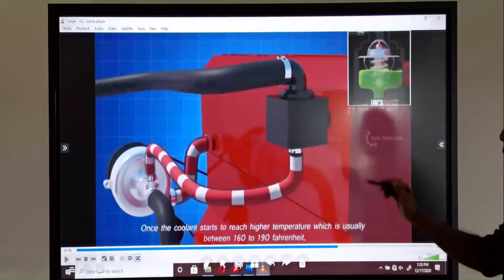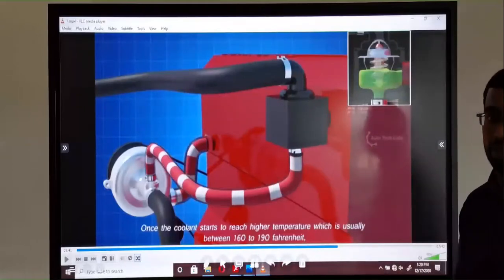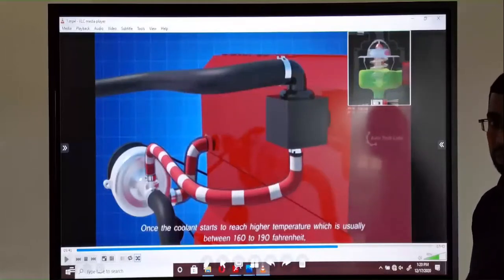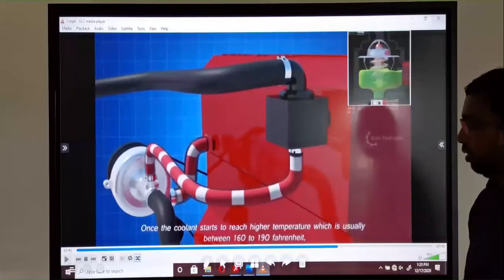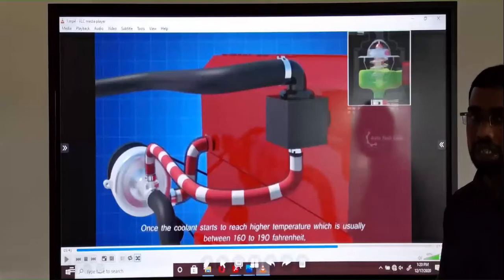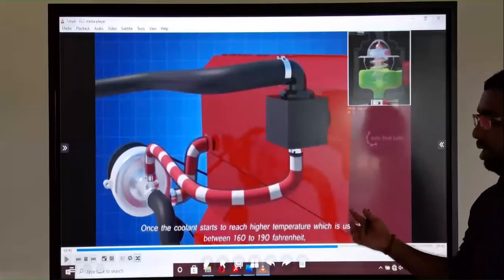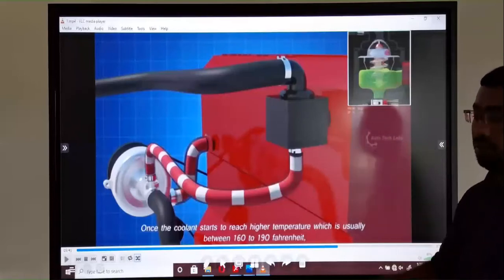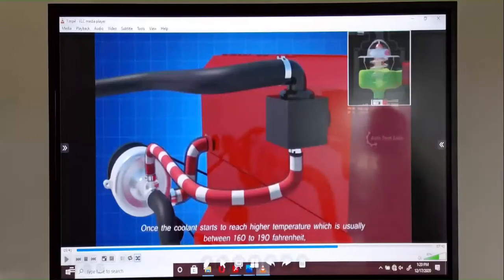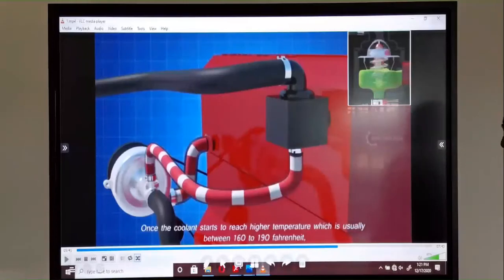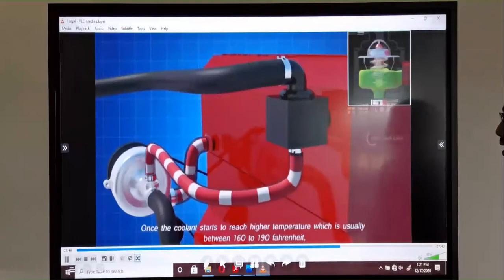So this coolant needs to be involved in the cooling process. The coolant has absorbed the heat, so now this coolant needs to be sent to the radiator.